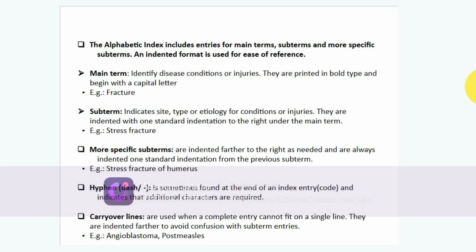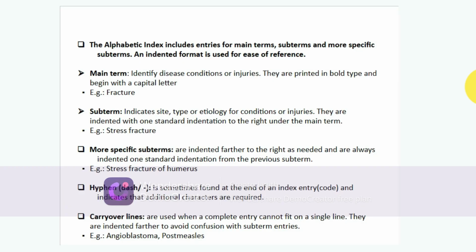The alphabetic index includes entries for the main terms, subterms, and more specific subterms, indented in format, using the cross-references. Main terms identify a disease, condition, or injury. These are printed in bold type and begin with a capital letter.